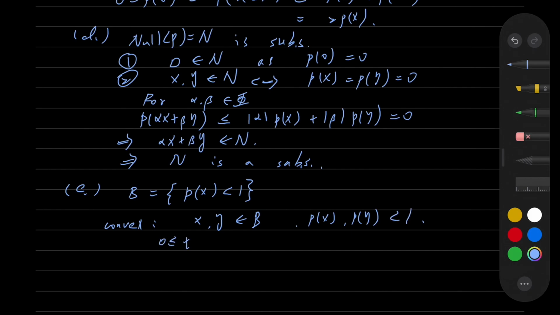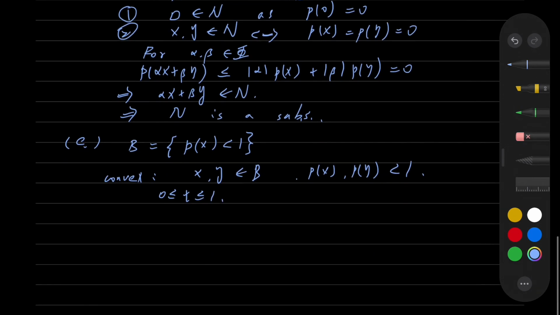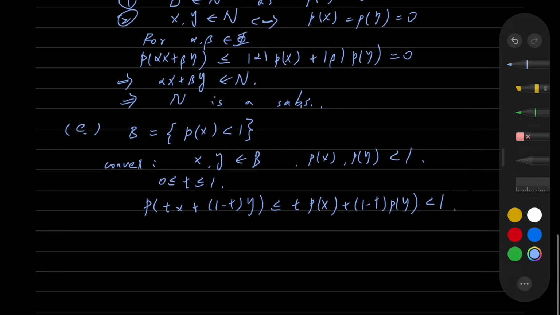When we consider the convex combination of these 2 points, we calculate its seminorm. Again, by the 2 rules of the seminorms, it is at most t times P of x plus 1 minus t times P of y. And this is obviously smaller than 1. So this proves that B is convex.